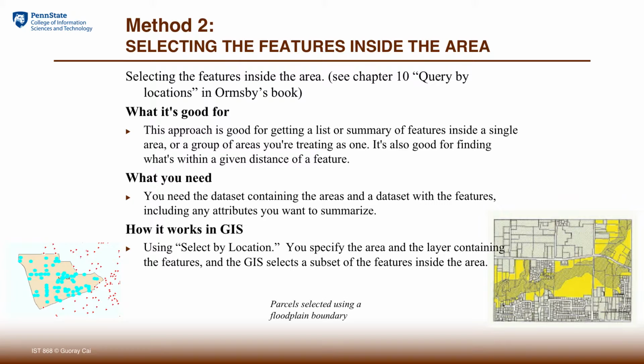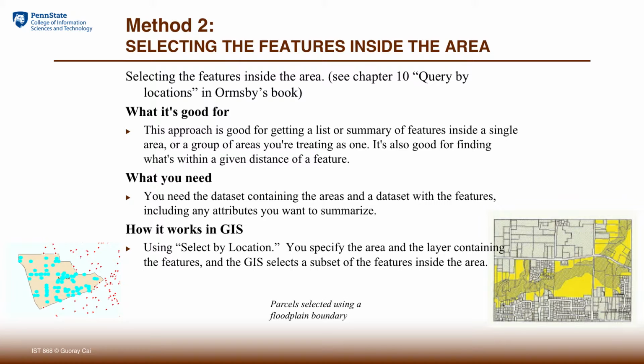The first method we just talked about gives you just a ballpark idea, but it doesn't give you any concrete report on numbers. If you do need some kind of count or summary of the values, then you need to use methods 2 or 3. Method 2 basically says you can do selection of the features by the areas we are interested in, and then we can report back a list, or we can summarize them in a certain way.